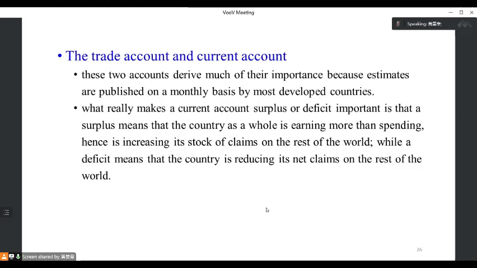In other words, a current account surplus means the country as a whole is earning more than spending. When a country has a deficit, it means this country is earning less than spending.